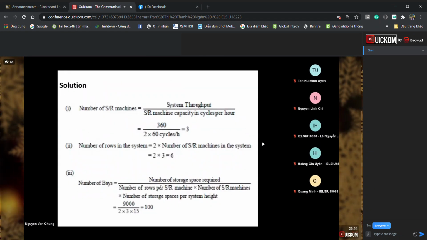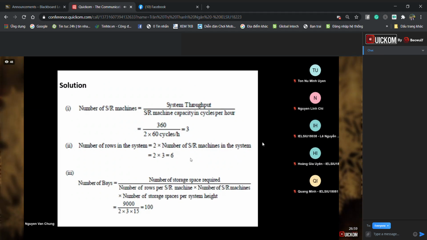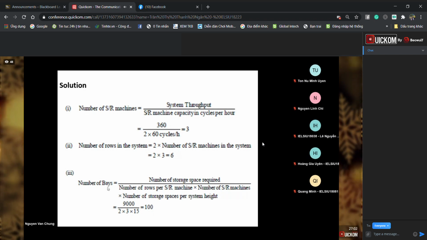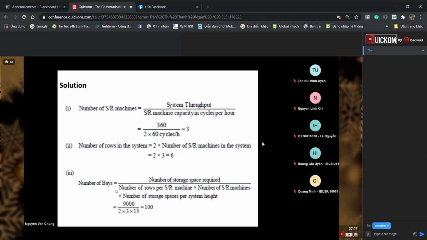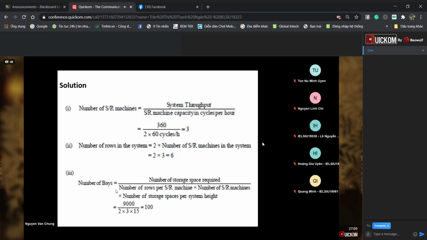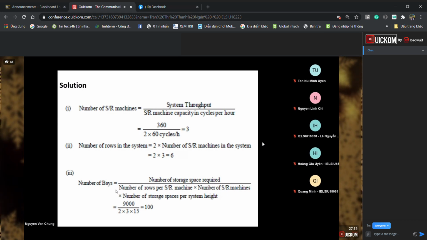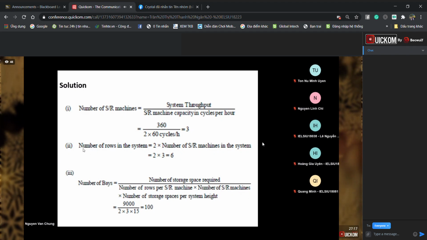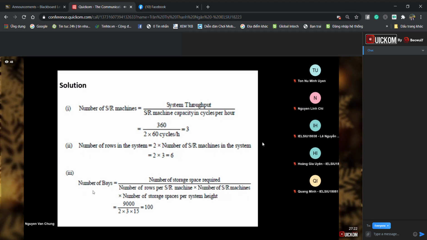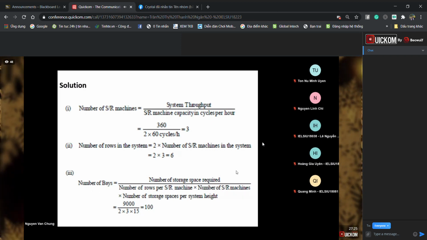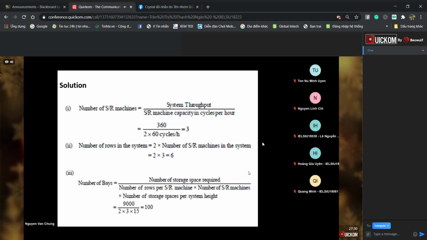Sometimes maybe you can mix up the features, the rows and the bays. The rows maybe you mistake for the length, and the bays maybe you mistake for the height. So this determines the number of rows, and this determines the number of bays. Okay, now we take a break.